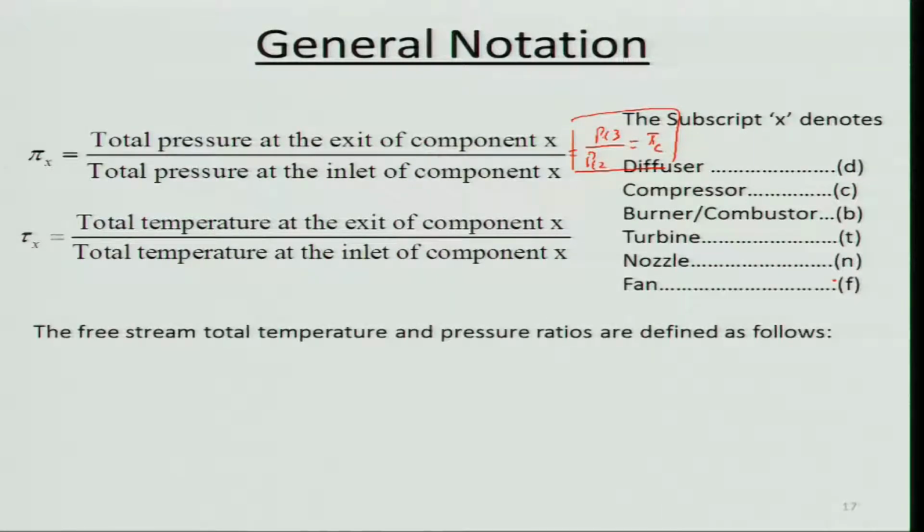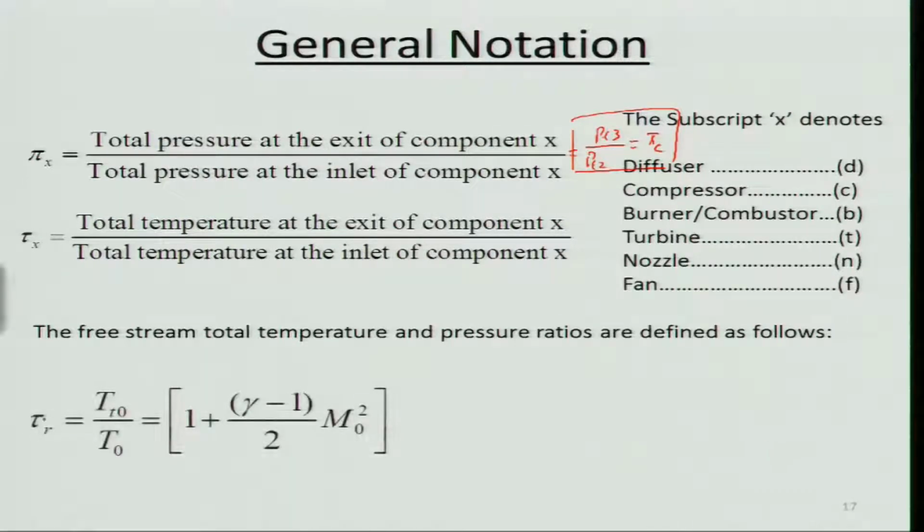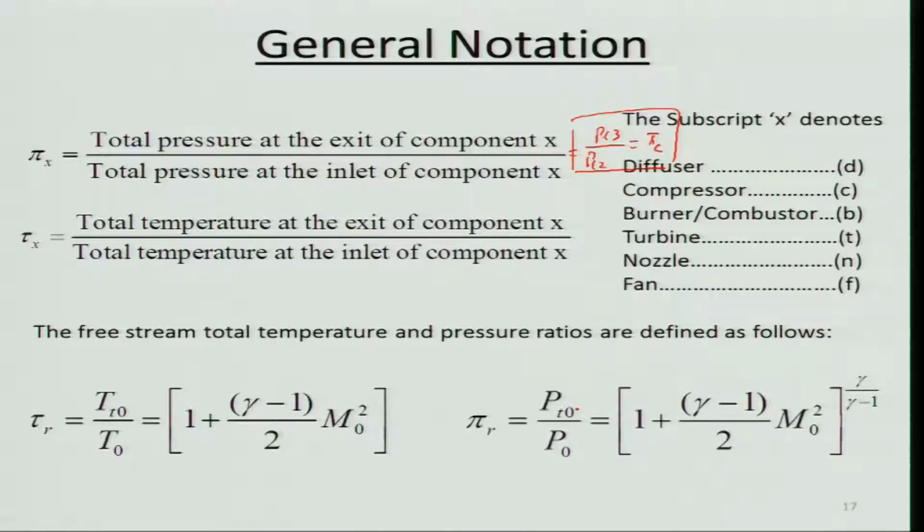Free stream total temperature and pressure ratios can be defined as tau r, that is T T naught divided by T naught, which for an isentropic relationship is equal to 1 plus gamma minus 1 divided by 2 M naught square, and pi r is equal to P T naught divided by P naught, which is 1 plus gamma minus 1 divided by 2 M naught square, raised to gamma by gamma minus 1. I have written the isentropic relationship in terms of flight Mach number.